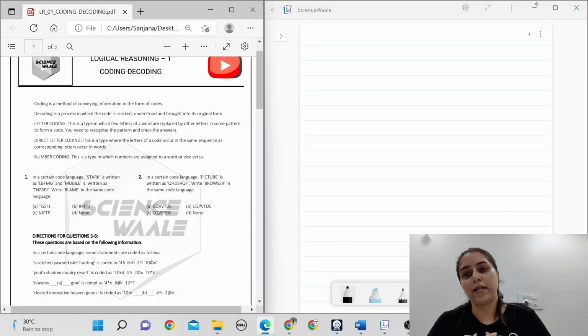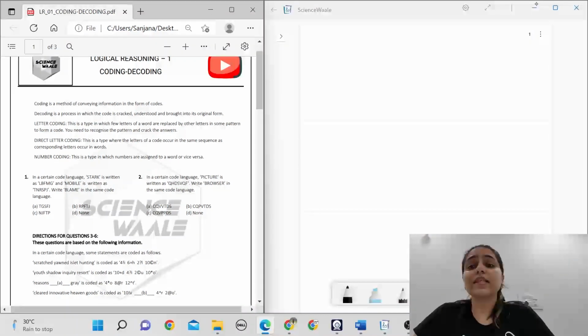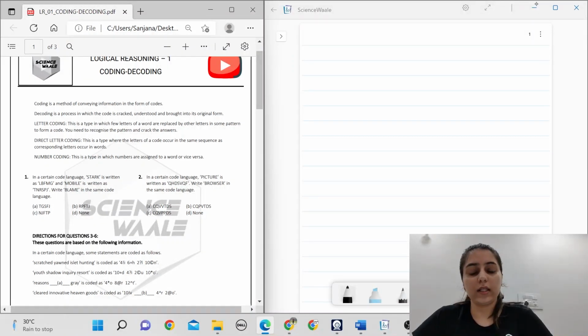So let's get started. First of all, coming to the name coding decoding, what exactly does coding and decoding mean? It lies in the name itself. Coding is a method of conveying some piece of information in some other code language or some particular language other than the general language which we use.